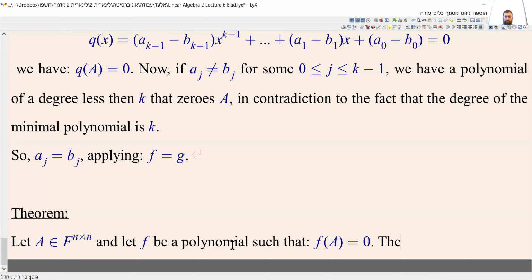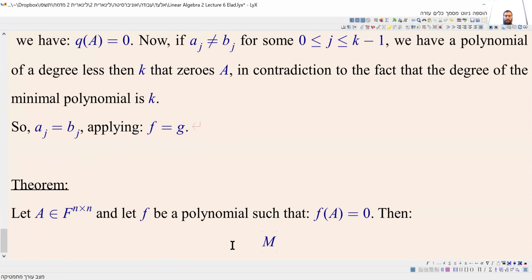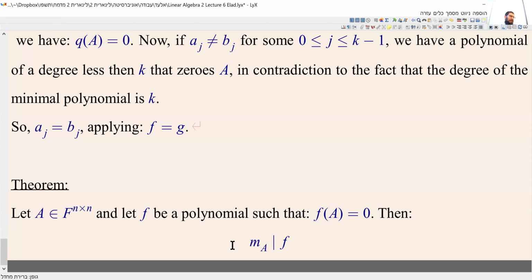Then the minimal polynomial of A divides F, meaning that F is the multiplication of the minimal polynomial and some other polynomial. We cannot have a polynomial zeroing A and not be divided by the minimal polynomial.